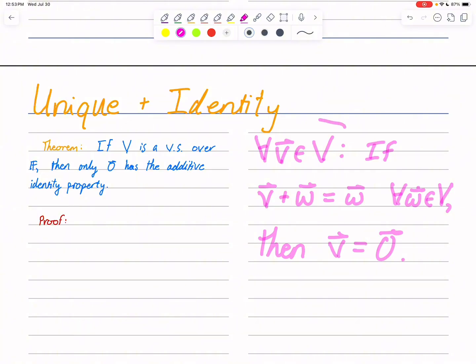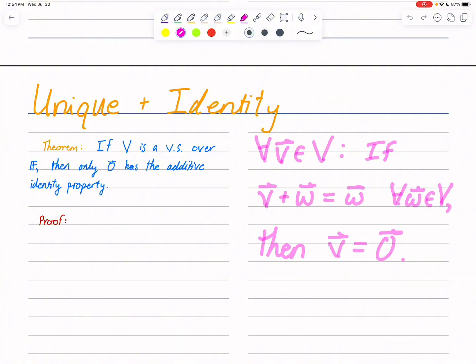If you take any vector in the entire vector space and it has the property of the identity, that is to say, when you add it to any vector, the vector is unchanged, you just get that vector back again. If that is true for this vector v, then v must be equal to the 0 vector.